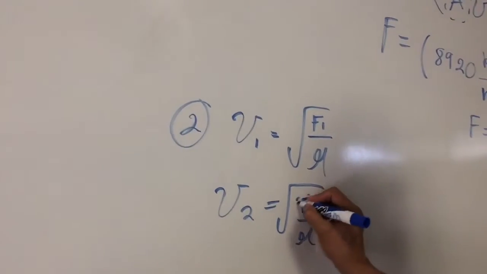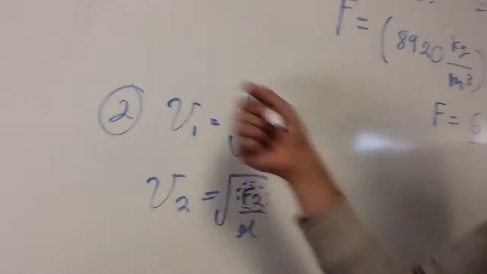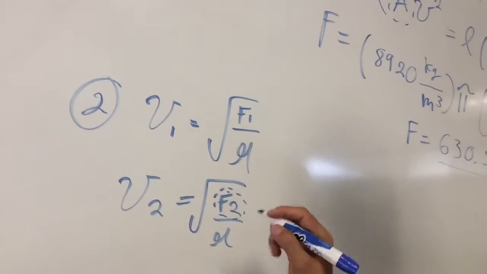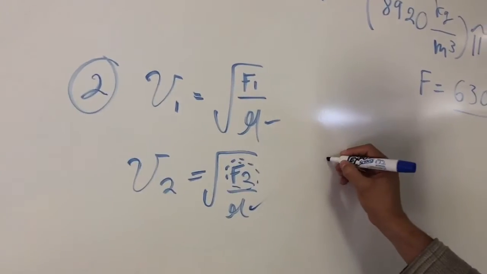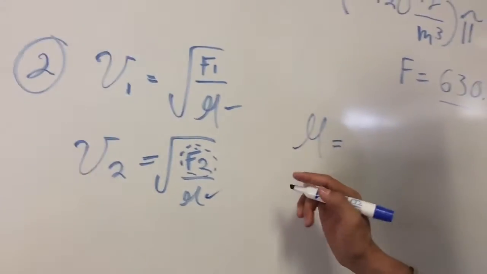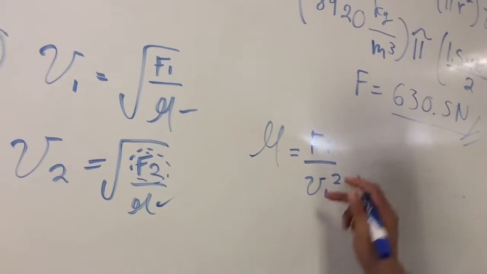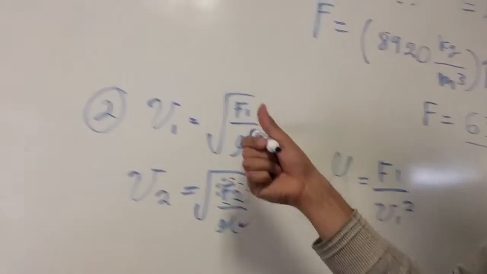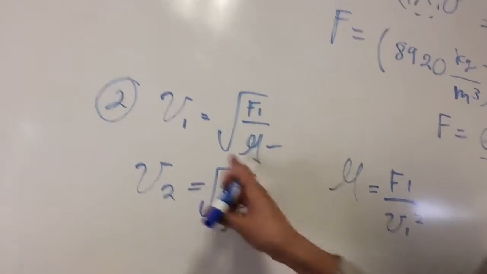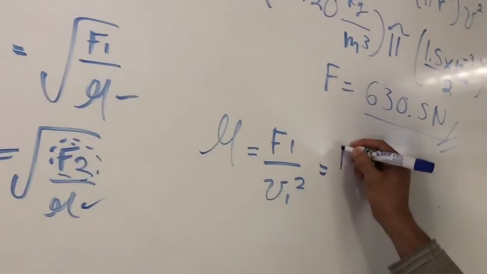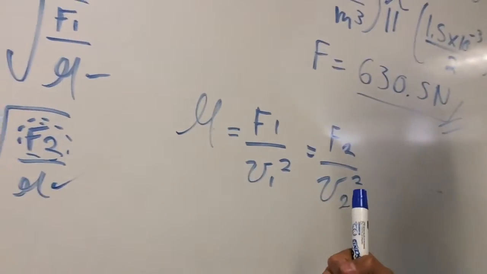As this is the same string, we know that the linear density will be the same in both cases. So the linear density will be equal to force 1 over velocity 1 squared, and at the same time, the linear density will be equal to force 2 over velocity 2 squared.